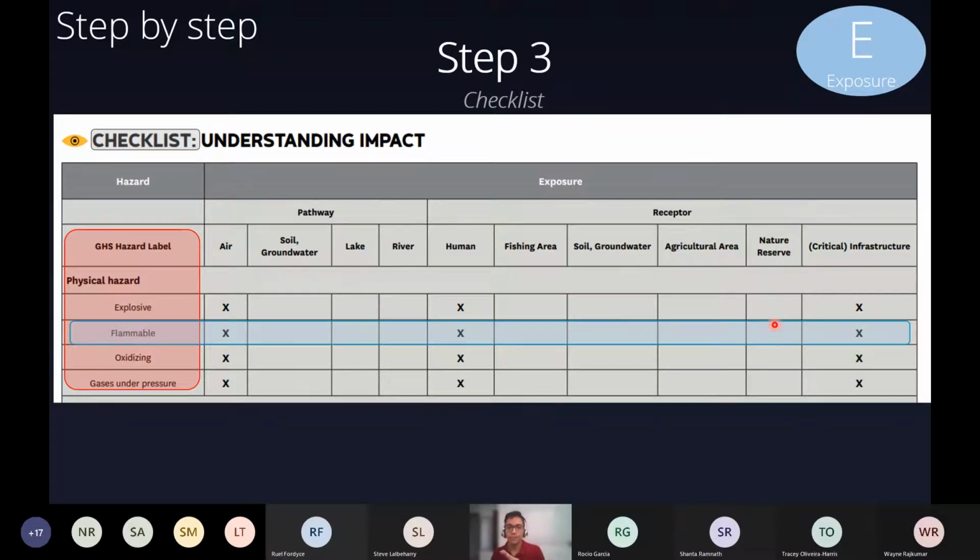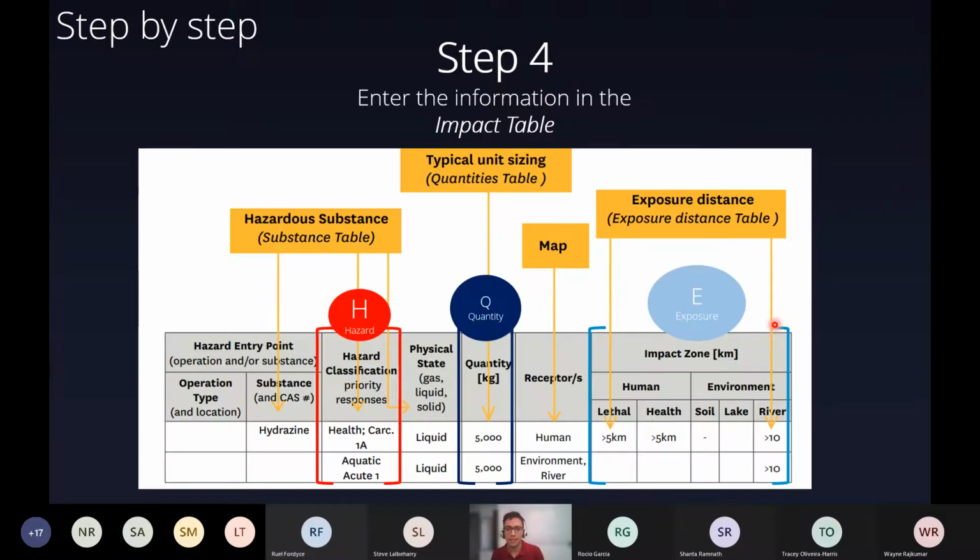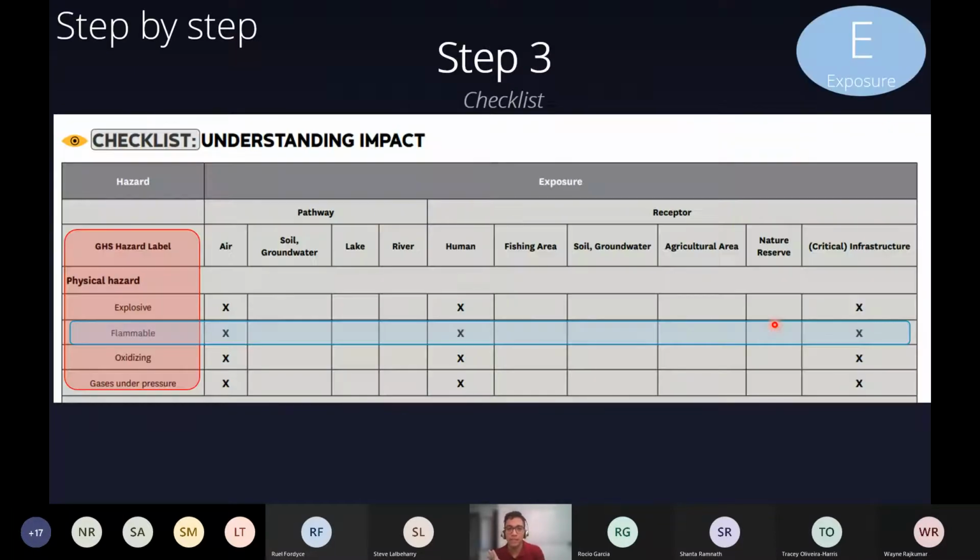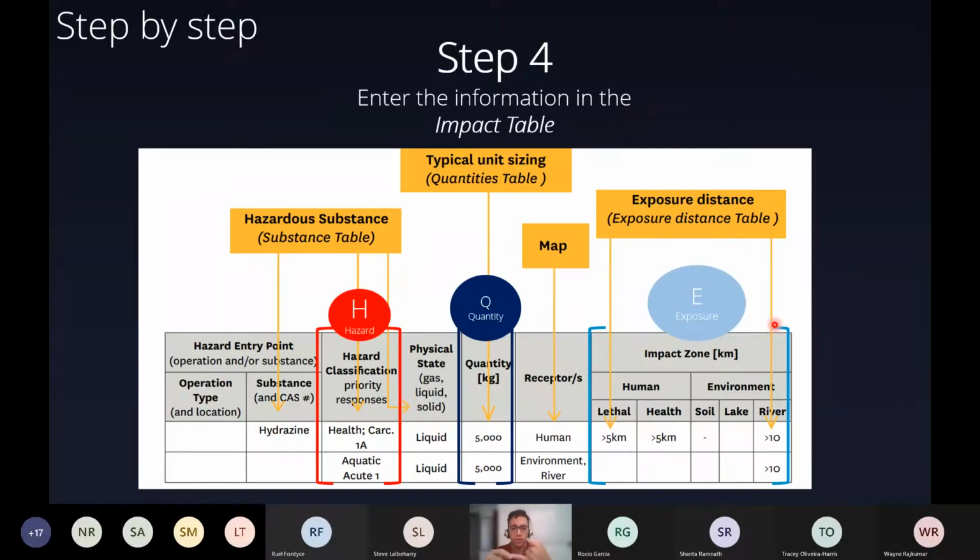And that is kind of like what you get the information, and finally you put all of this in a table where you put the operation type, the name, the hazardous substance, the classification of the hazard, which were these weird names with health CARC 1A or FLAM leak 1.